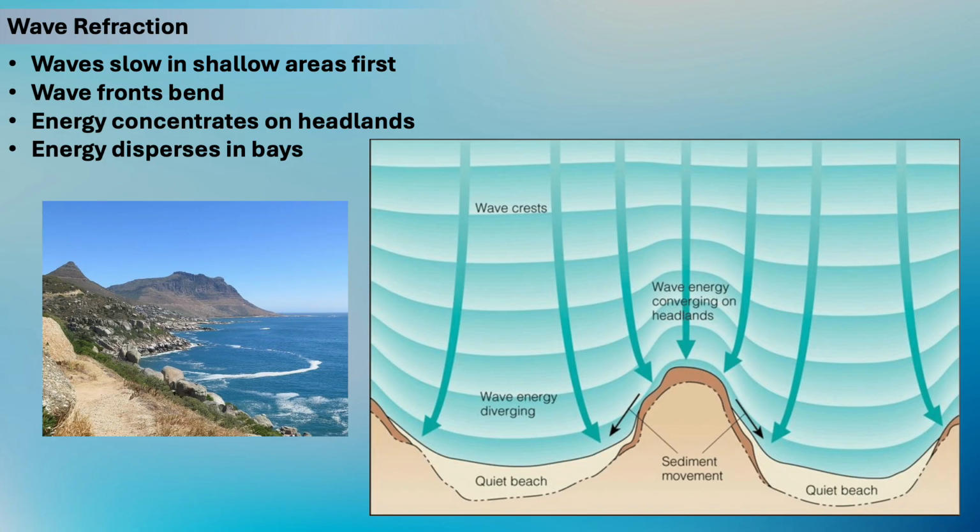Over time, refraction tends to erode headlands and deposit sediments into bays, which, on a broader scale, serves to smooth the irregular coastline. So wave refraction explains why shorelines evolve toward more uniform shapes.